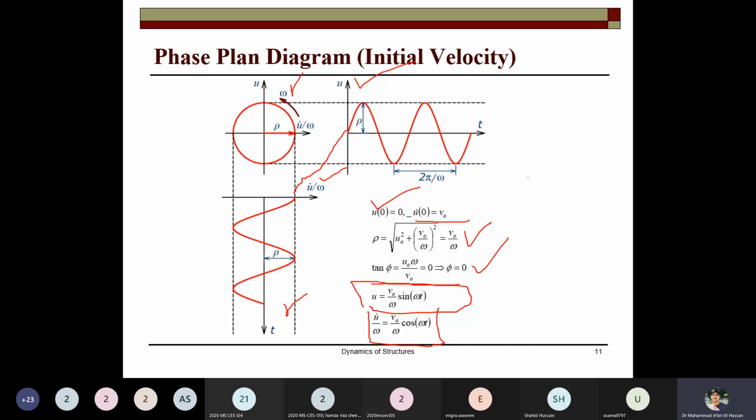This plot can be interlinked because this is the amplitude, so rho here is V naught over omega, and when you plot this value, the maximum amplitude will remain V naught over omega. In this way you can get an idea of what happens to the structural system when the initial displacement is zero but the velocity is not zero.